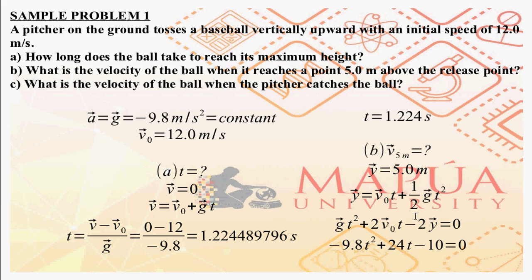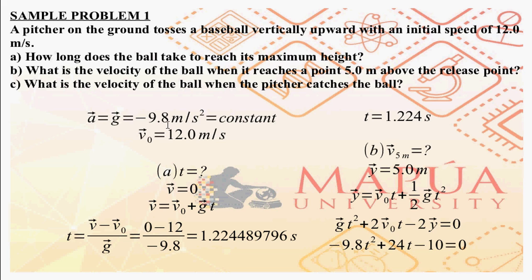Such that if you now look at the equation, y is equal to v naught t plus 1/2 gt squared, and you transfer y to the other side and multiply the whole equation by 2, you have gt squared plus 2 v naught t minus 2y is equal to 0.